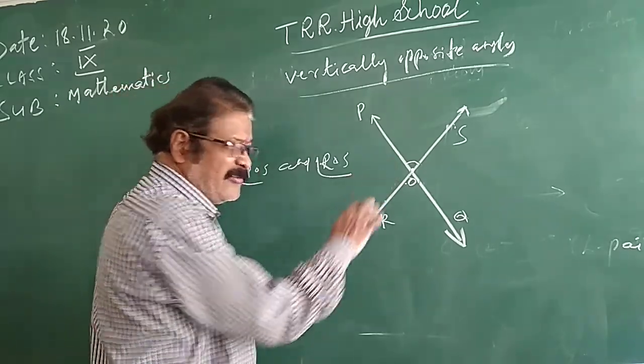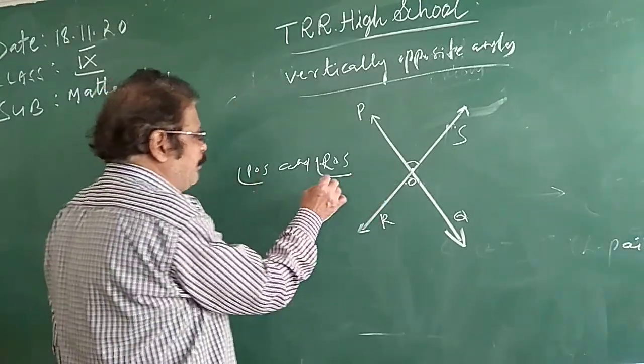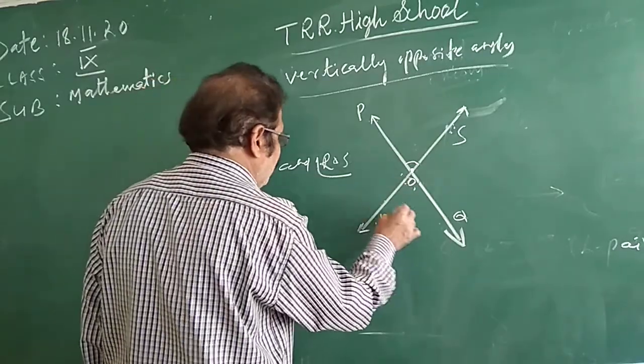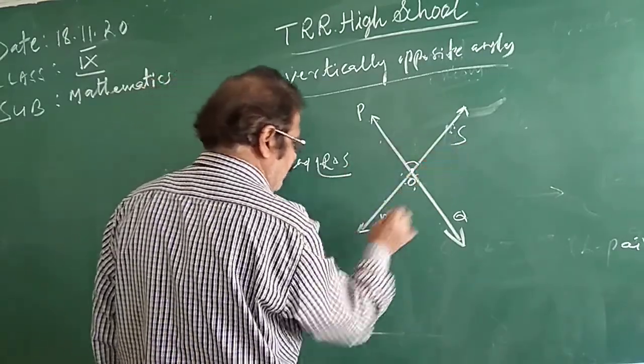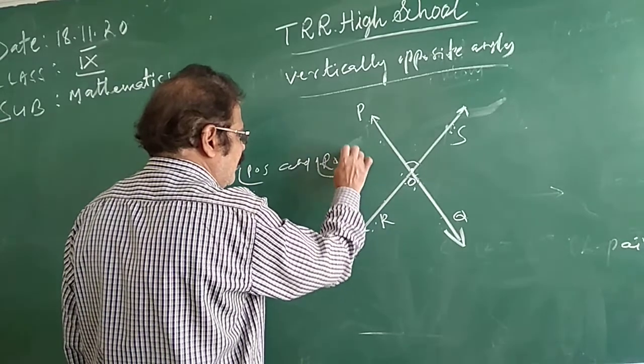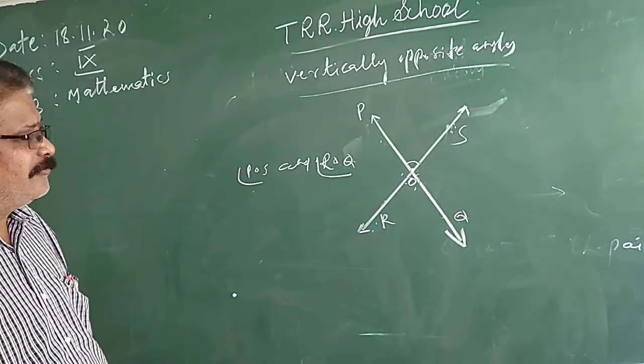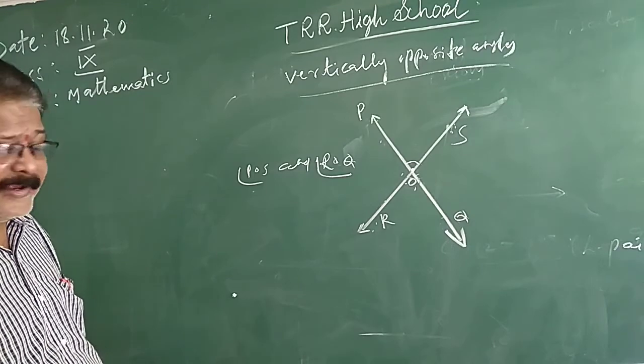So no arm is common here for both. Angle POS equals angle ROQ. There is no common arm here. So the two lines, how are the vertical angles formed here?